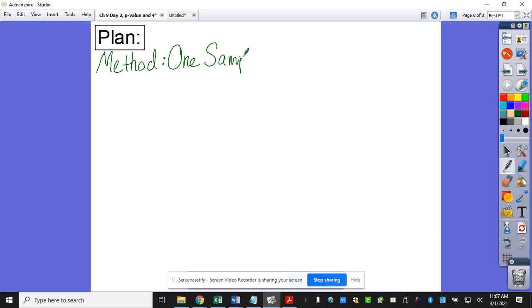I have to make a decision after one sample and decide if it is what? What went here last chapter? Interval. We're now not doing an interval, we're doing a test instead. And it's still for what?